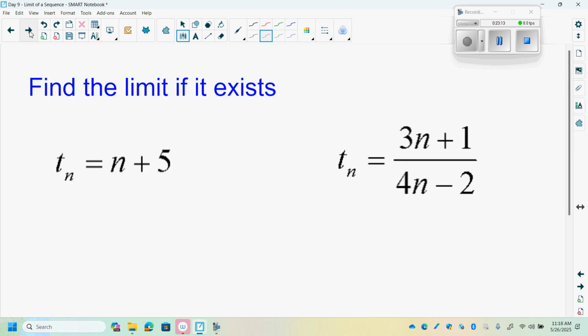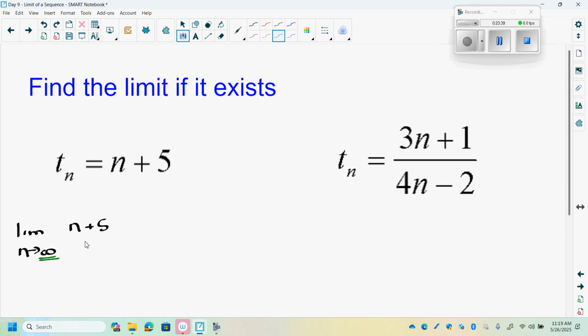Let's see if we can apply them here. If I asked you to find the limit as n approaches infinity of n plus 5, try direct substitution. Should always try that first. If you get infinity over infinity, then do some extra work.